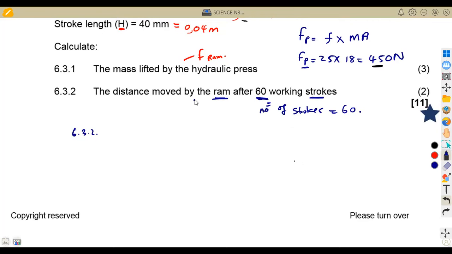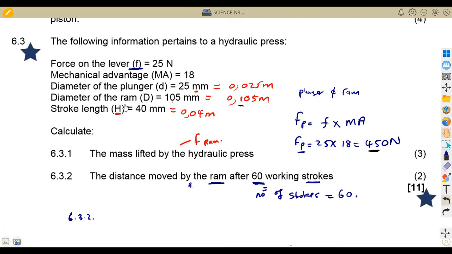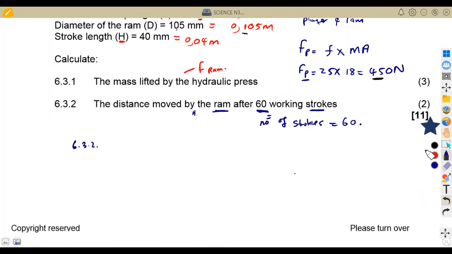Okay, that is, we are referring to the h, the distance. In this case, they already used the capital letter H for the stroke length. So take note, we are not going to use the capital letter H. We are going to use the small letter h for the distance moved by the ram. Okay, so we know that the volume is the same.